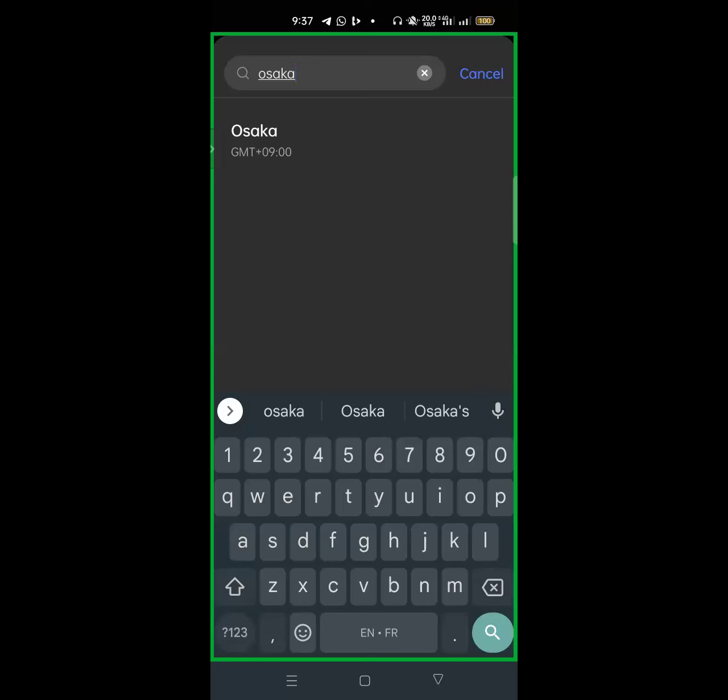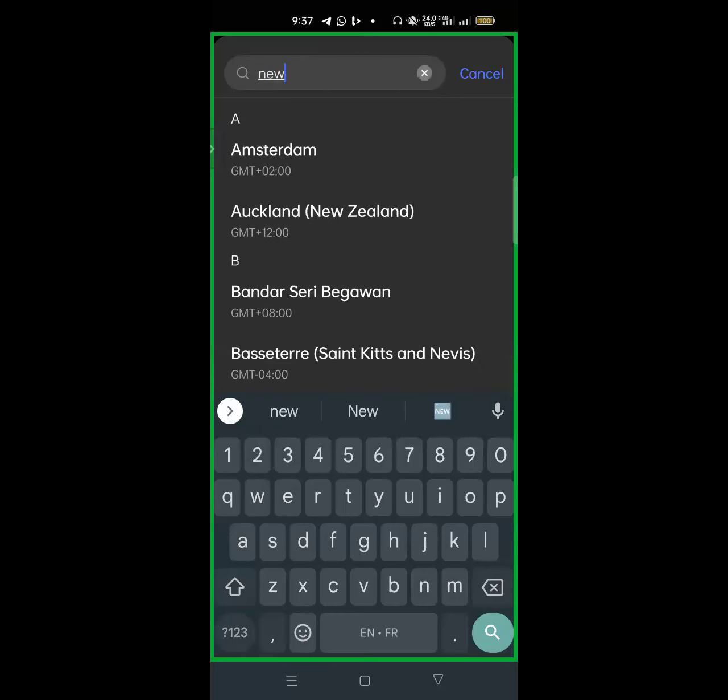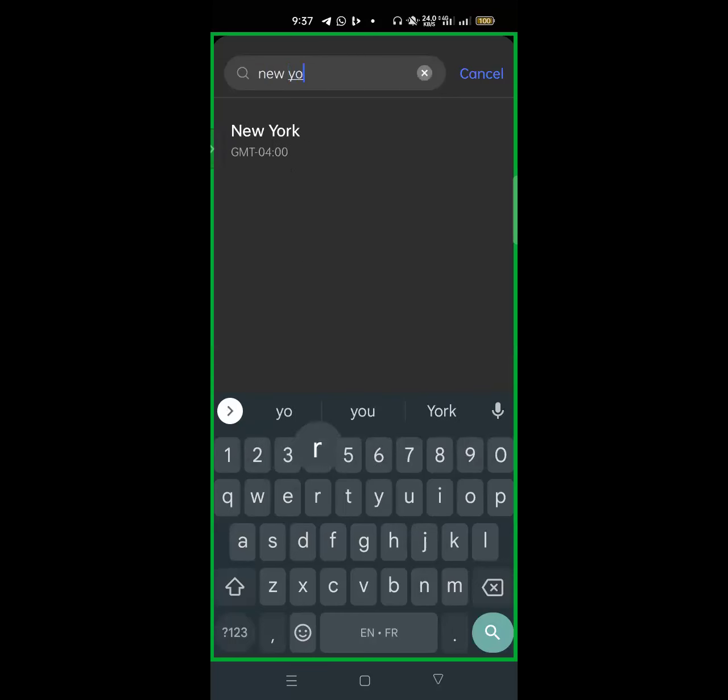But if it's USD JPY, because there is USD among them, now you check USD. So you check New York to know if the time is okay. New York is minus 4. What does that mean?